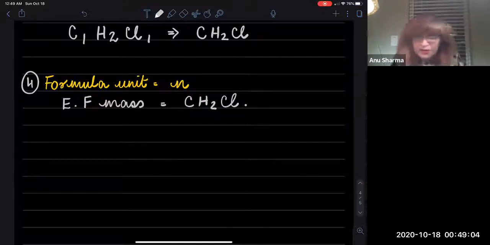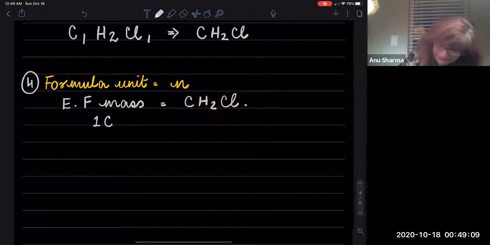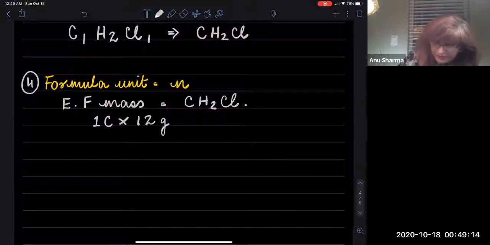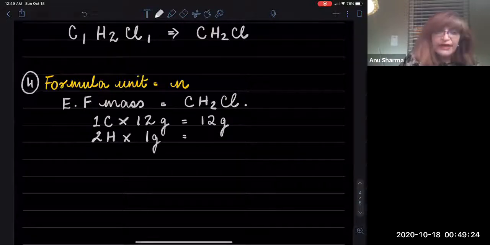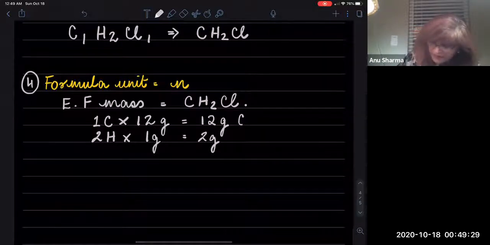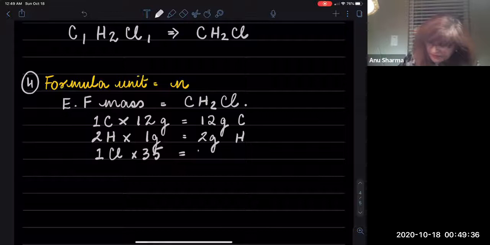CH2Cl. So this means 1 carbon atom times 12 grams of carbon, from the periodic table. We have 2 hydrogens, each is 1 gram, so we get 2 grams of hydrogen. 1 atom of chlorine times 35 grams gives you 35 grams of chlorine.